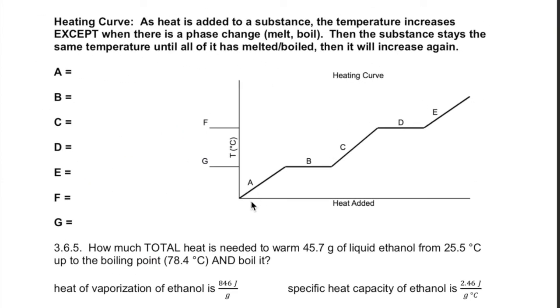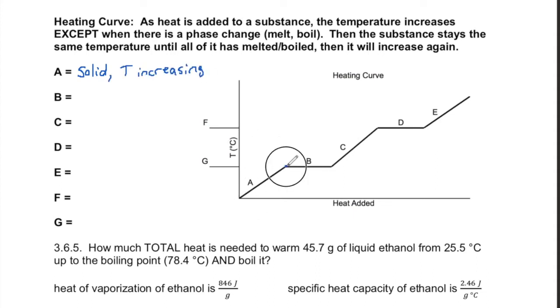I wanted to show you what is happening to a substance as you add heat. It does not make a smooth curve or a smooth line. At first your substance might be a solid. So here in area A is where the substance is a solid. And as you add heat, the temperature of that solid, the temperature is on the y-axis, is going up.